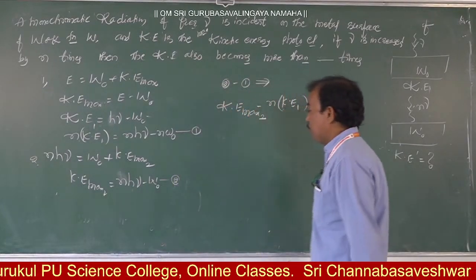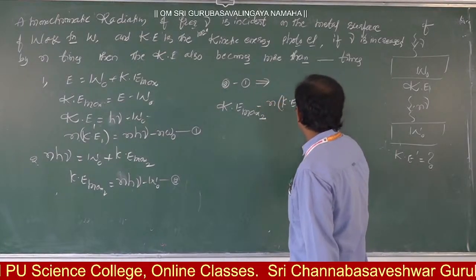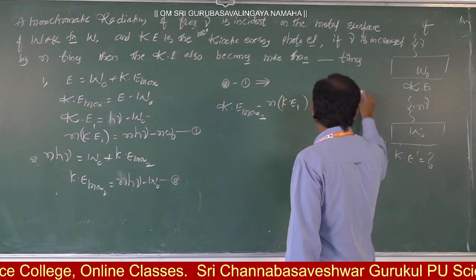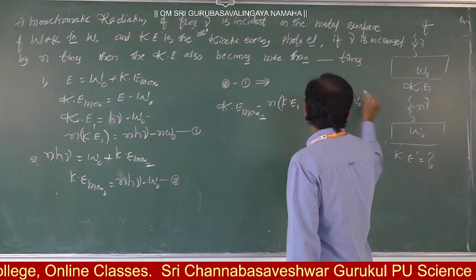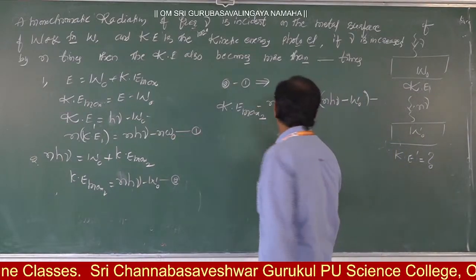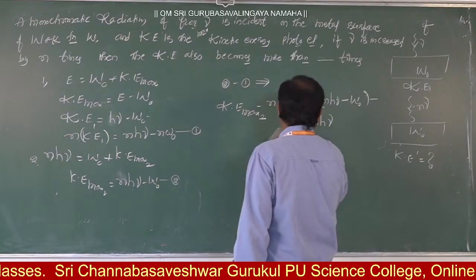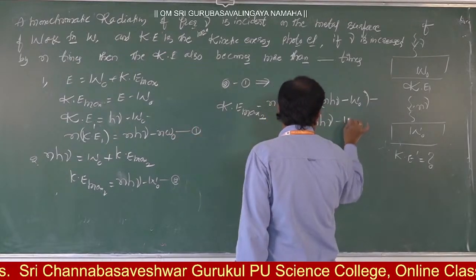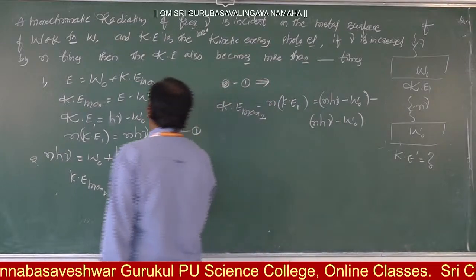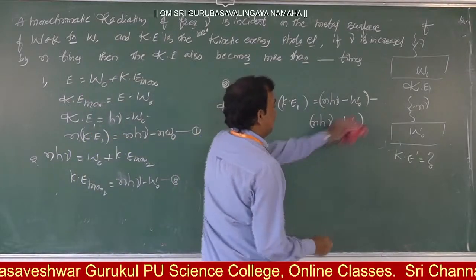Equation 2 is equal to n into h nu minus W naught, minus equation 1, which is n into h nu minus n into W naught.